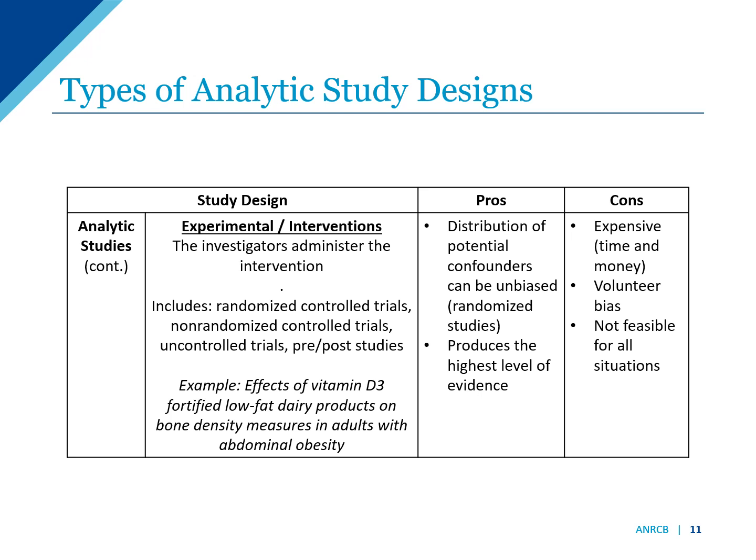It's the gold standard, but you cannot randomize for every type of relationship. You cannot randomize people to be smokers or non-smokers and see who develops lung cancer.